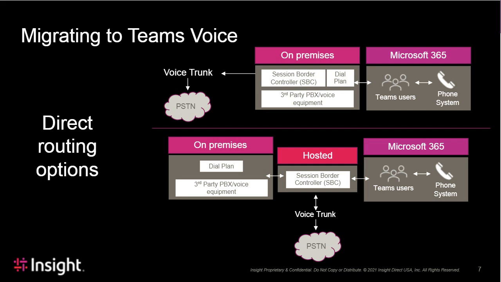But the gist of this, I just wanted to go real briefly, is this is how you connect your third-party PBX to your Teams environment, and that allows you to start slowly or quickly, however fast you want to. That allows you to do a phased approach migration into Office 365 until you transition off your third-party PBX.